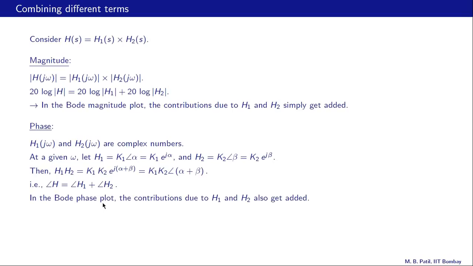So in the Bode phase plot, the contributions due to h1 and h2 at any given frequency also get added. And the same reasoning in fact applies to more than two terms as well. And that is the nice thing about Bode plots. It makes it very easy to plot functions where we know the individual contributions.